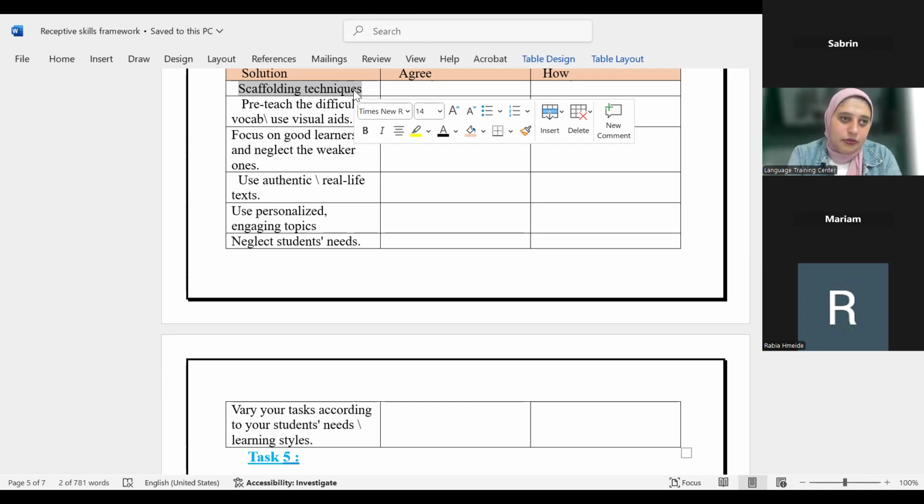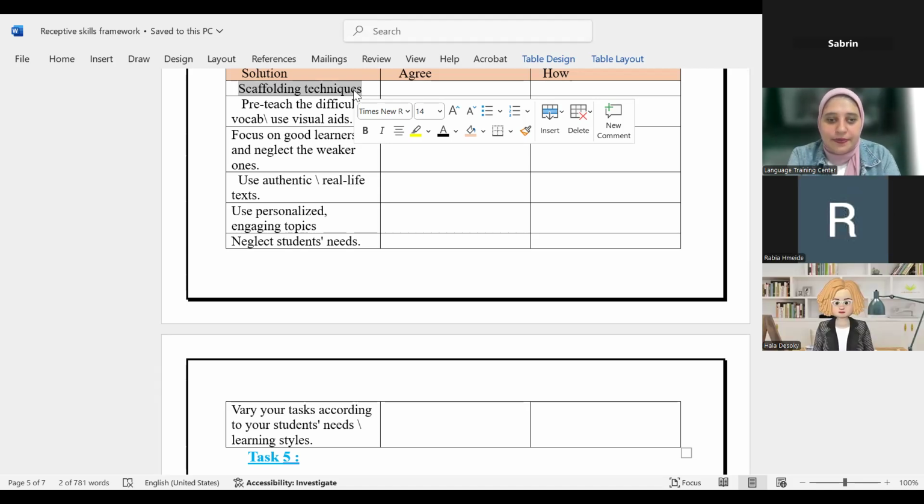That would be perfect in this problem. How can you apply this? Okay, maybe give them more examples. Clear this specific point in grammar.